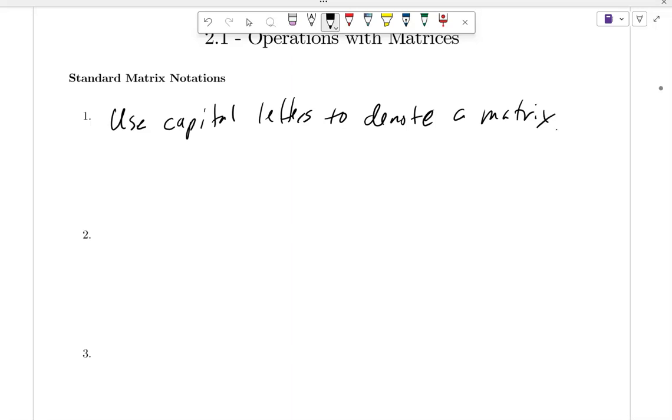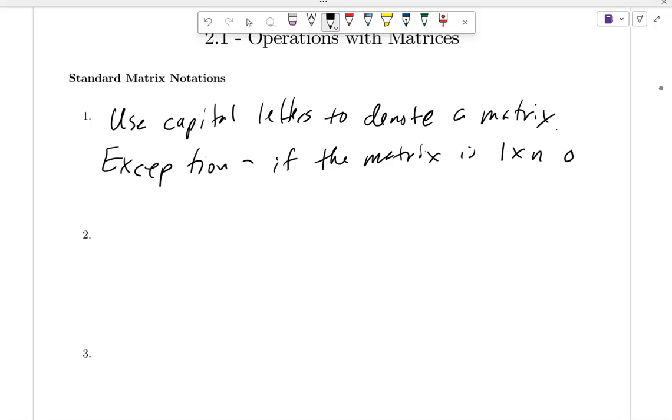The one exception to that is if we have a single row or a single column. So maybe your matrix is 1 by n or m by 1.